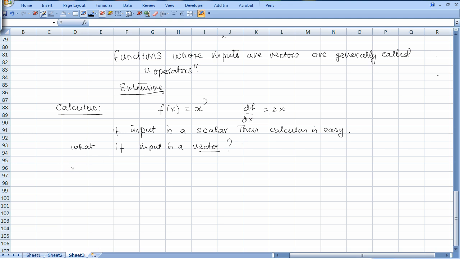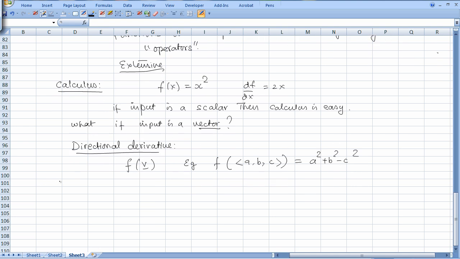We are going to introduce the idea of the directional derivative. The idea is that I have a function of a vector. For example, f of (a, b, c) equals a squared plus b squared minus c squared. That's easy, no?